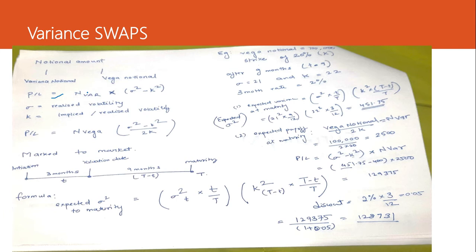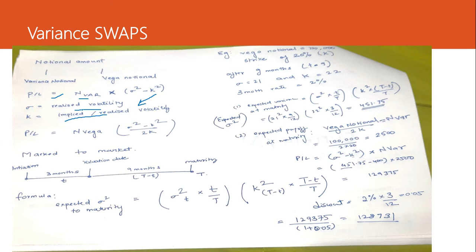Profit and loss of the variance swap is the variance notional times (standard deviation squared minus K squared). What is standard deviation? It is the realized volatility, and K is the strike, that is the implied volatility.